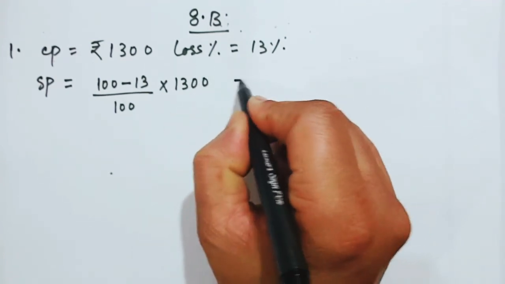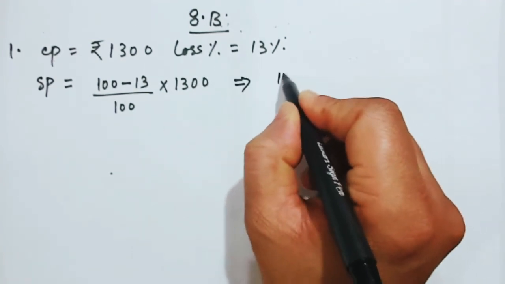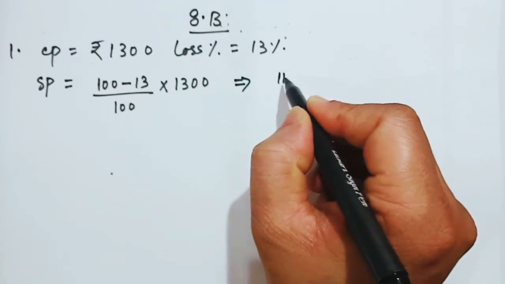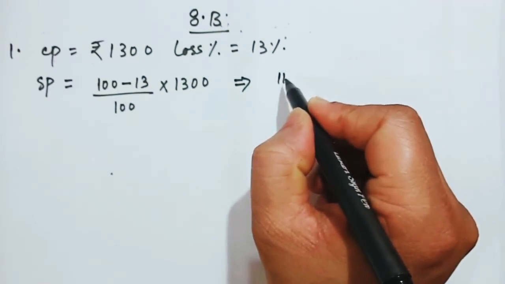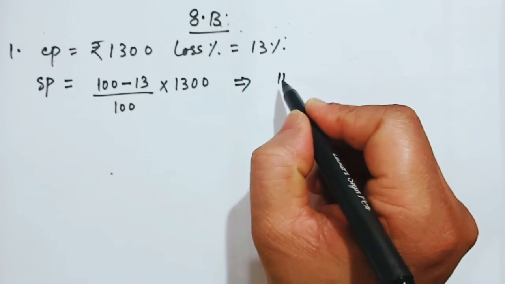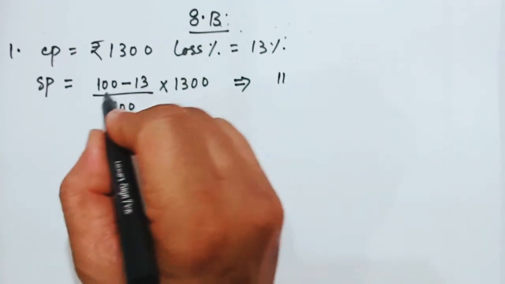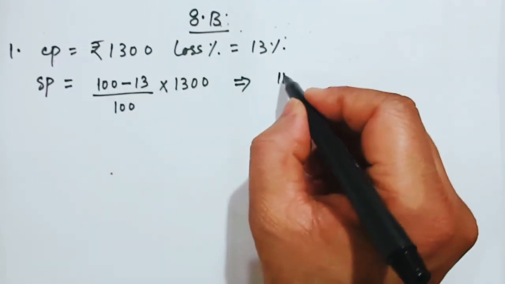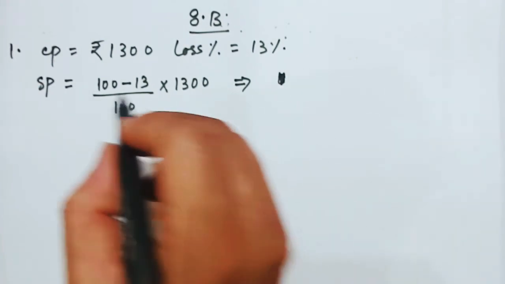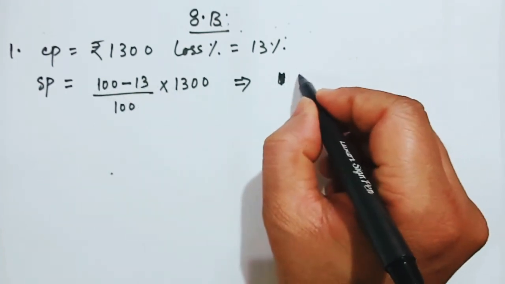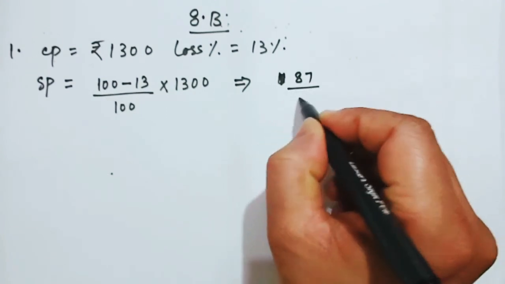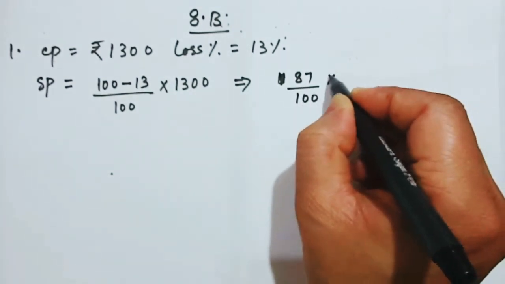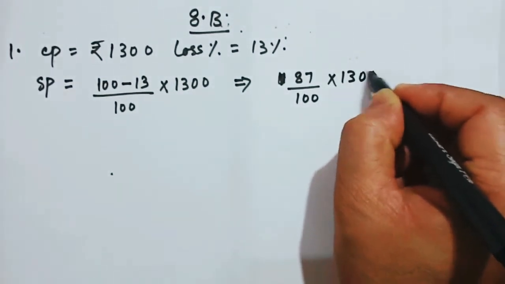So 100 minus 13 is equal to 87, so 87 by 100 multiplied by 1300.